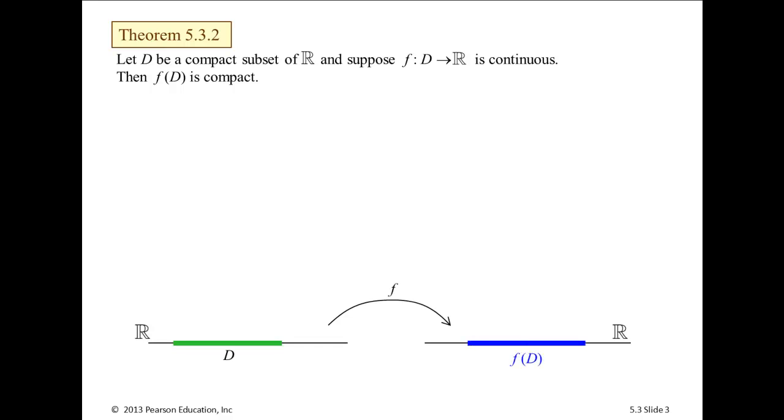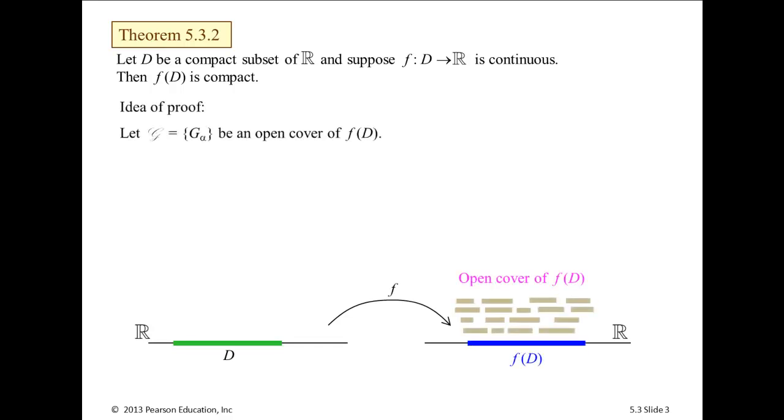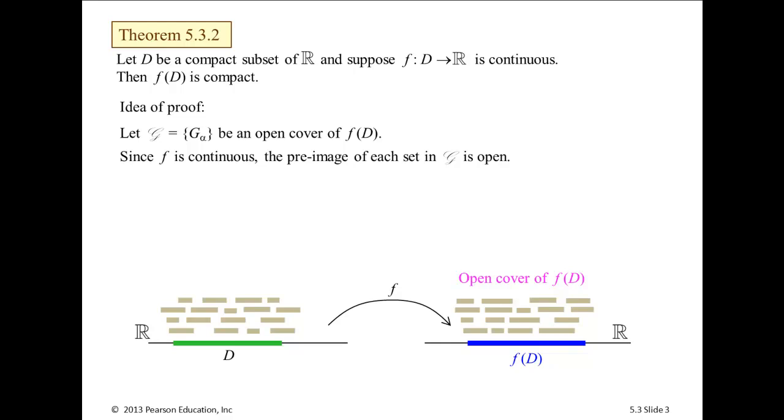Using PowerPoint, it is easy to illustrate the proof of the theorem that says the continuous image of a compact set is compact. Here is D, and here is f of D. Let script G be an open cover of f of D. Since f is continuous, the pre-image of each set in script G is open.